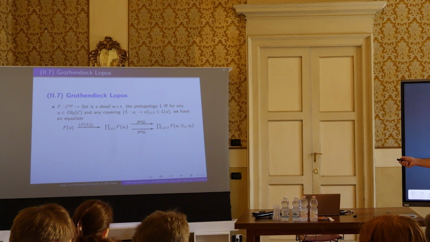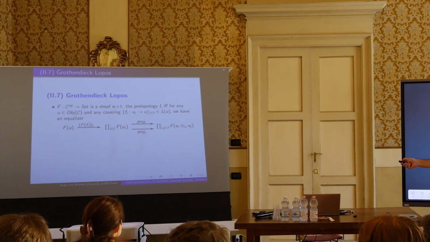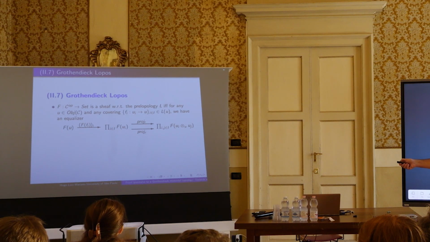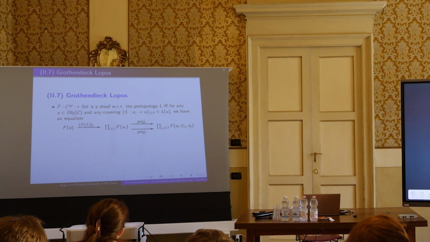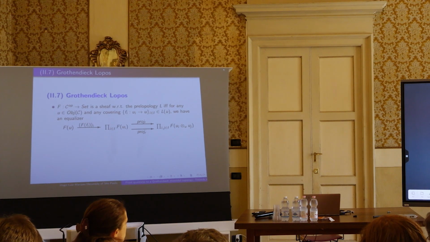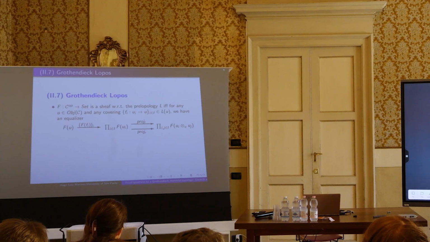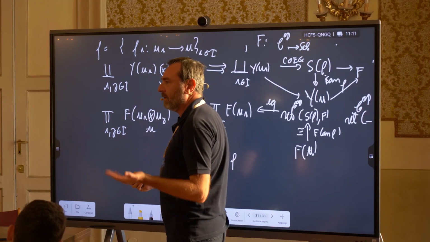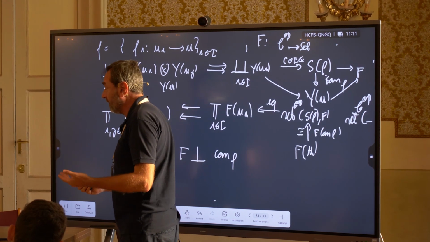In fact, a pseudo-pullback is not, in general, even a weak pullback. So this arrow here is not a mono, so it cannot be characterized by sheaves.